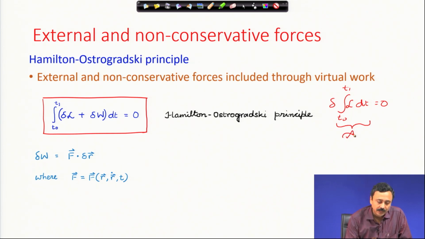Here we cannot pull out this delta, even though this means delta of L, delta operating on L, this has no such equivalent interpretation. It is not the variation of a work function. This cannot be separated.